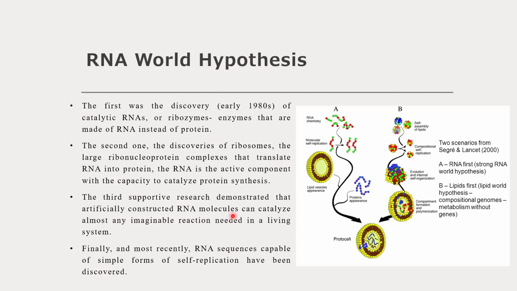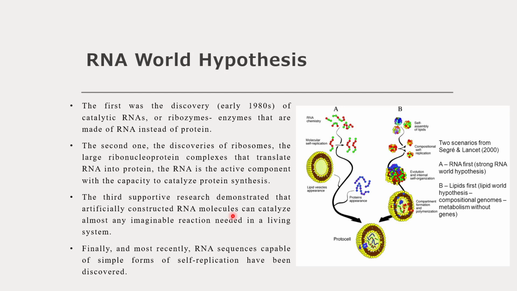Some sequences of RNA are believed to be capable of self-replication. These points made us believe that RNA was the first molecule present in the beginning of life, not DNA or protein. I guess we have had a brief discussion about the RNA world hypothesis.